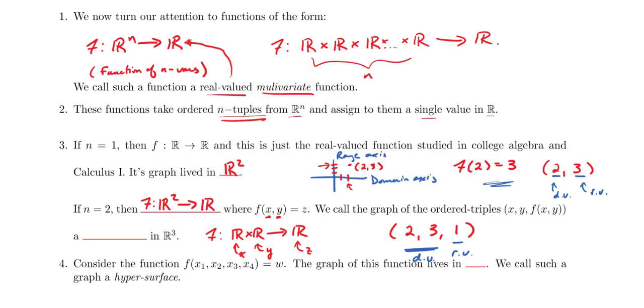Now we've already looked at the graphs of some multivariate functions. We just haven't used the multivariate function notation, but the graphs of these ordered triples we're going to call surfaces in R3. And I would like to emphasize that we have two inputs and a single output. When we go to think about graphing that, we're going to take the xy plane, where maybe we'll put x on this axis and y on this axis.